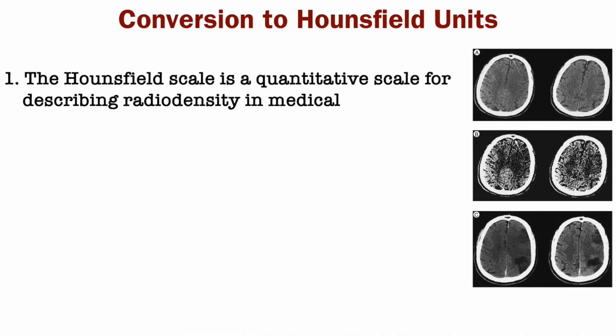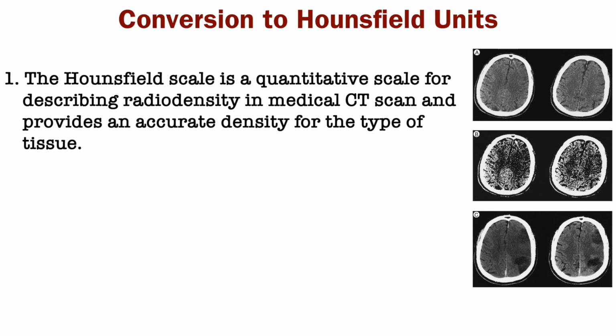Now, conversion to Hounsfield unit. The Hounsfield unit scale is a quantitative scale for describing radiodensity in medical imaging CT scans and provides an accurate density for the type of tissue.